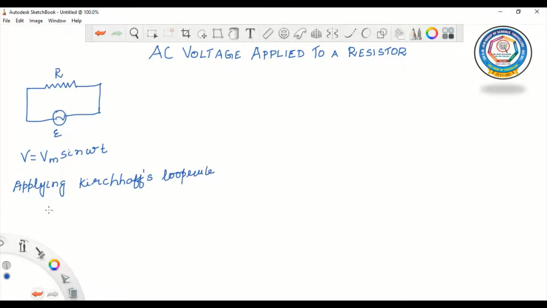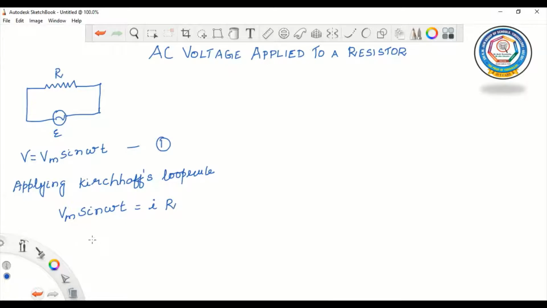To this circuit, we will get Vm sin omega t is equal to I R. So let us consider this as our equation number 1.